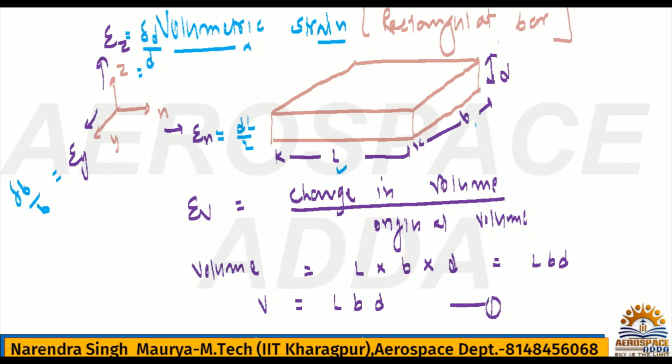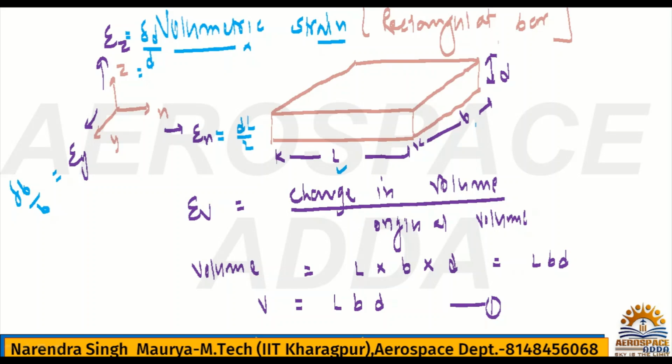Okay, now suppose I am interested in a circular bar also. In circular bar also I just want to check what is the strain. Then what I will do for the circular bar, again it's very simple, but you have to focus, because in examination they ask this question.